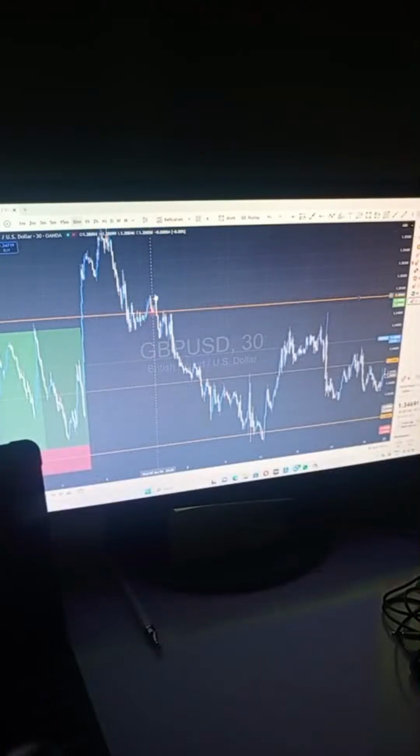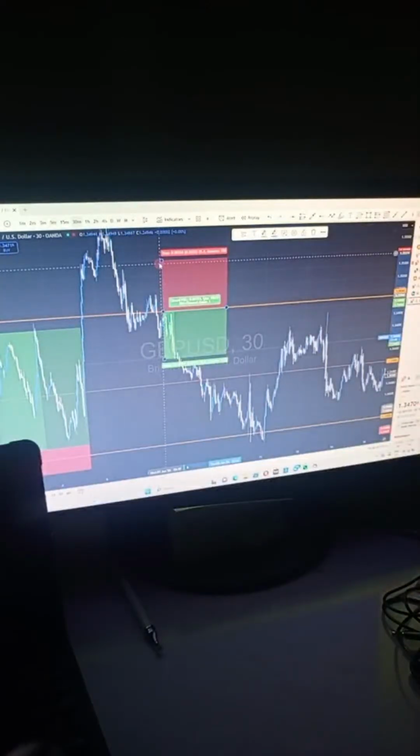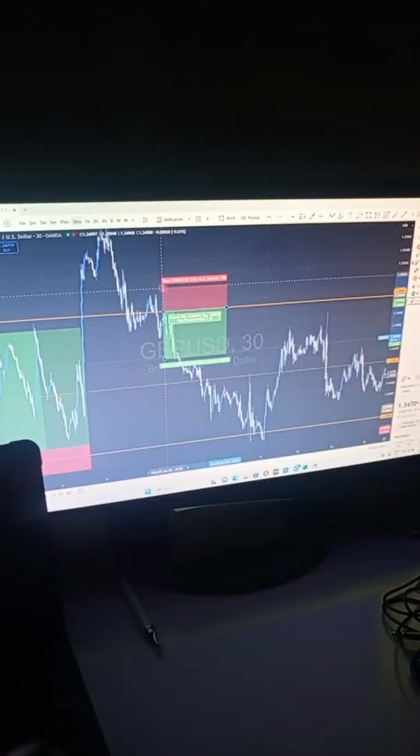You see a double top, a break of structure, a change of character, a retest on the trend line, on the key level. You bring down your stop loss, 20 pips, nothing more than 20 pips. This is even less than 20 pips because it's 15 pips if you respect the most recent structure. And what do you target? The next key level down. That's how I get my 1:10, 1:15, because I understand key levels.